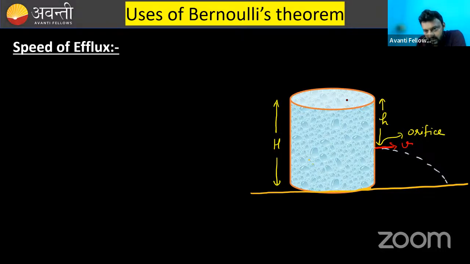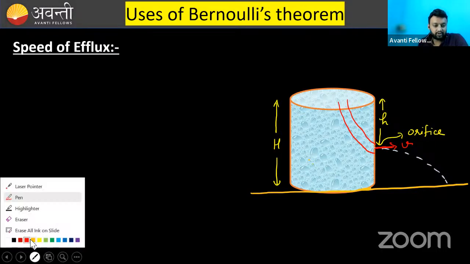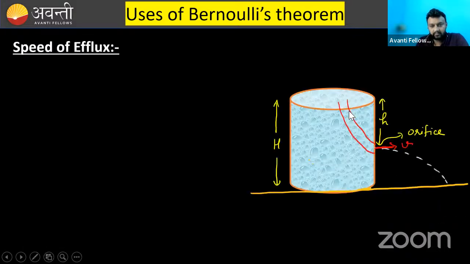Let's consider a tube of flow from the top of the surface to the orifice. This is a tube of flow. Now I am going to apply Bernoulli's theorem. Let's suppose this is end A, and this is end B. Clear?